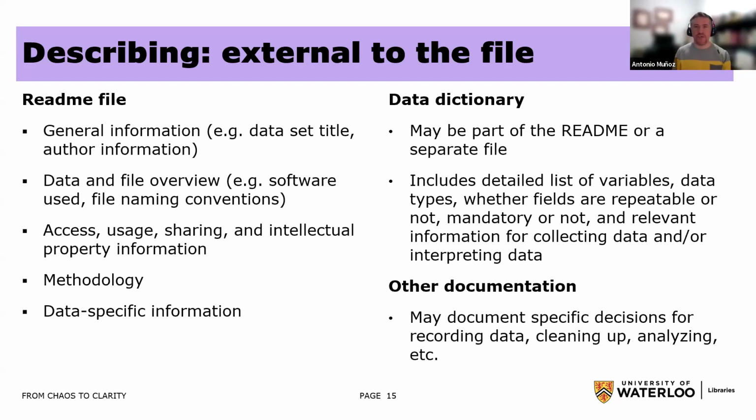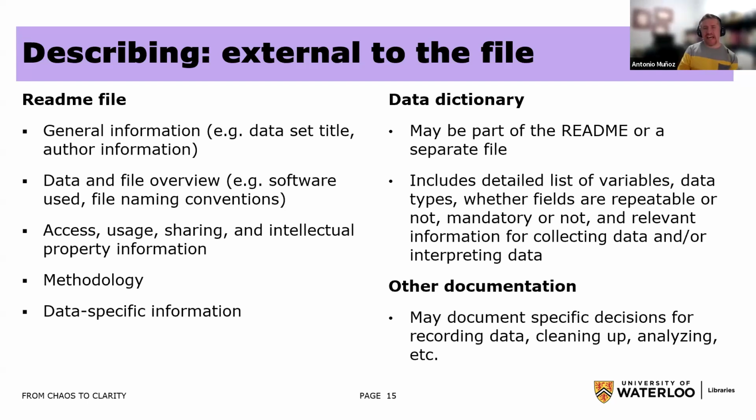In your README file, you will also include access, usage and sharing information. So who is allowed to use your research data for what purposes? You will usually describe your methodology and then your data-specific information, which can also be understood as a data dictionary. The data dictionary can be in your README or it can be a separate file.